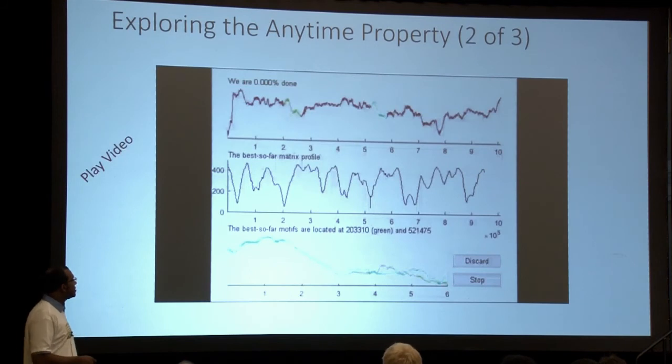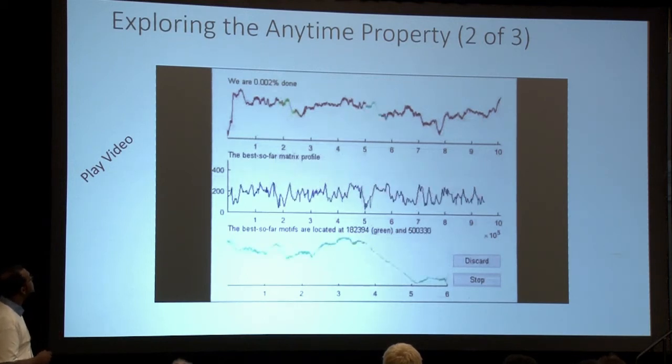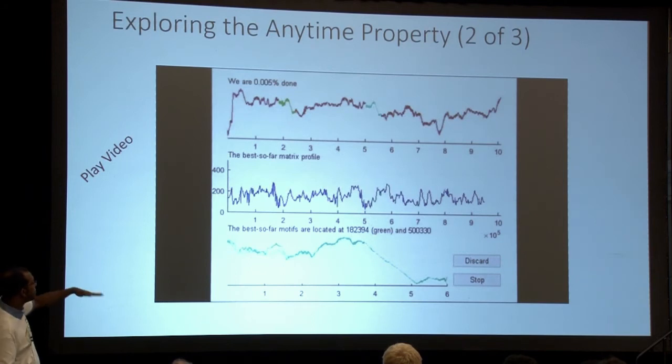And here is a video that can show the algorithm in action. So this is the time series. This is the best so far matrix profile, and this is the best motif. And here it's working, 0.1% done, 0.2% done. It goes down and down and down. And here is the best motif.